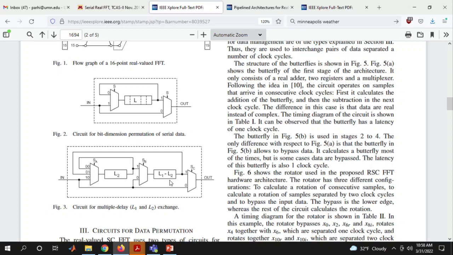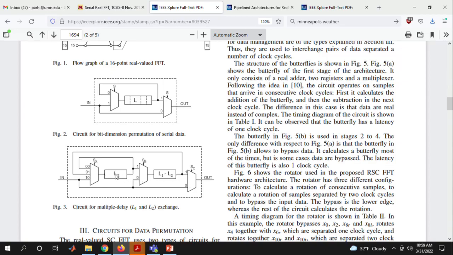If you look at what figure 3 shows, I can go all the way forward, that would be L1 samples. When I take the output from L2, push it back, then I can have L2 plus L1 minus L2, and that would be L1 plus L2.